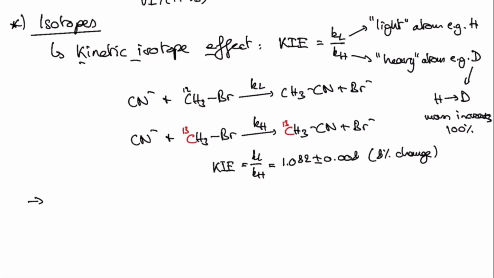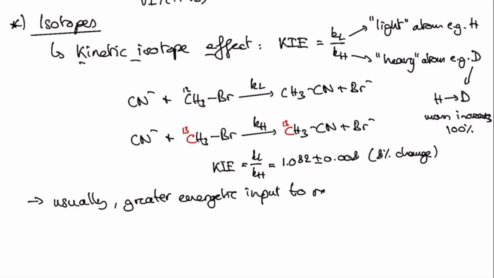So what are the observations? Usually you need greater energetic input to reach the transition state for the heavy atom, right?